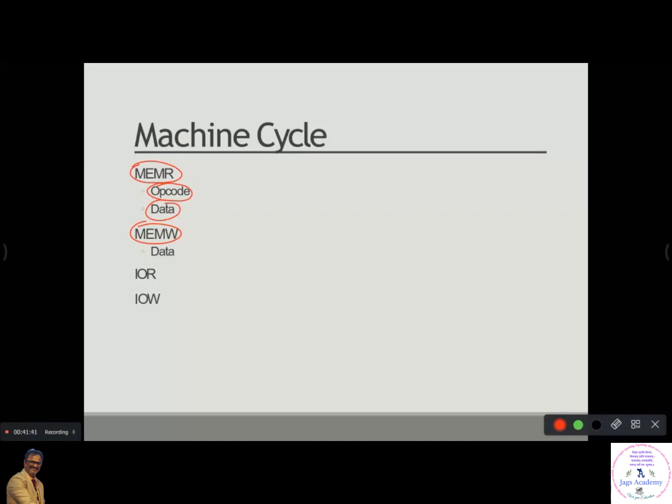But memory write, are you going to put the opcode into the memory? No. You are putting only the data into the memory. Similarly, you have IO read and IO write. Something you are reading from the IO devices and something you are writing into the IO devices. It requires a separate machine cycle. That is what a machine cycle is.